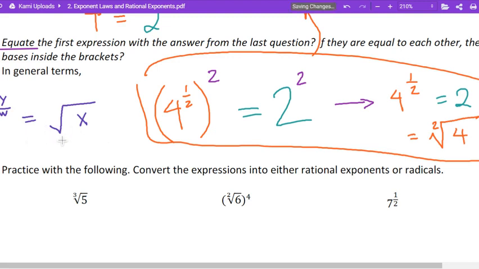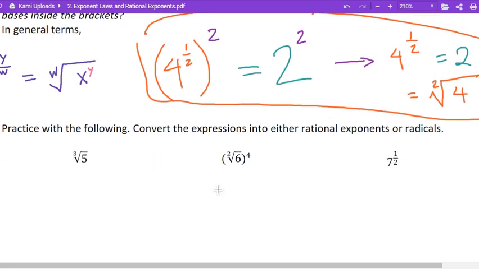The denominator becomes the index, and the numerator remains as a power. So it's x to the power of y under the wth root. Let's see what this means.